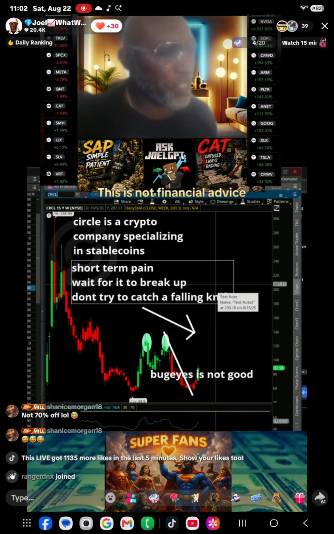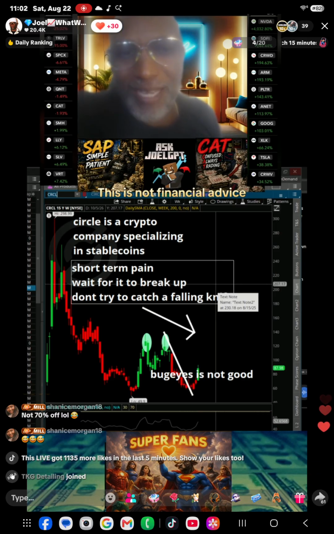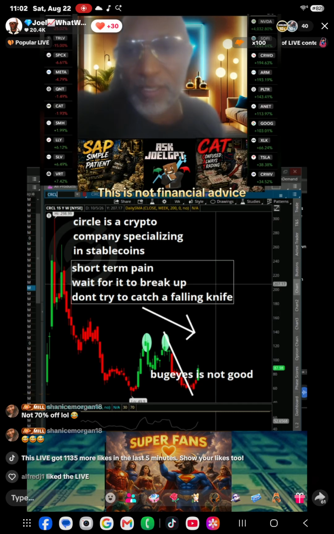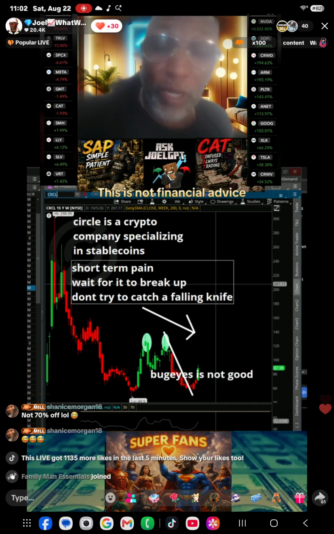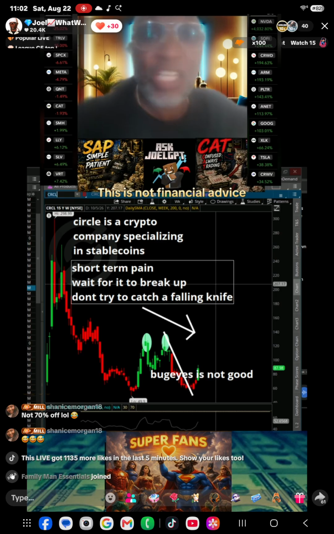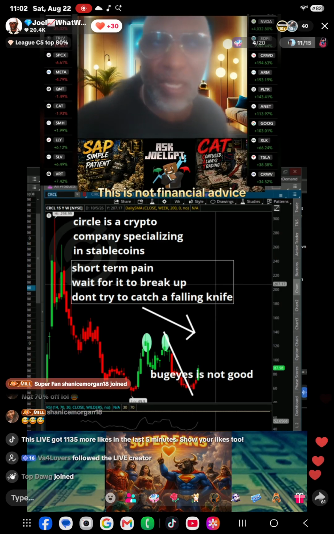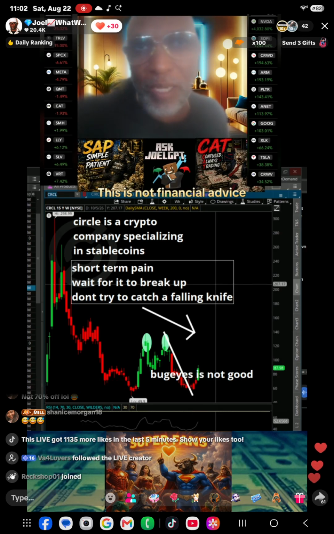So for you guys that don't know this, Circle is a crypto company specializing in stable coins. A stable coin is a coin that doesn't go up and down every day like 5, 10, 15% like Bitcoin does. When you buy a stable coin like, is it USDT? Is that one?